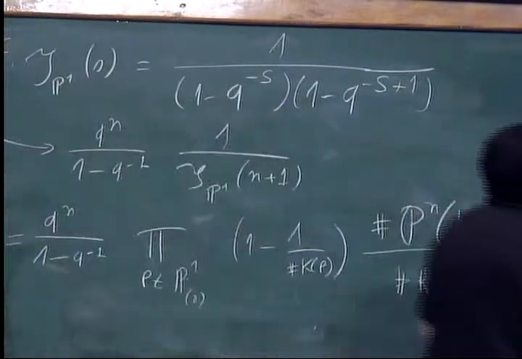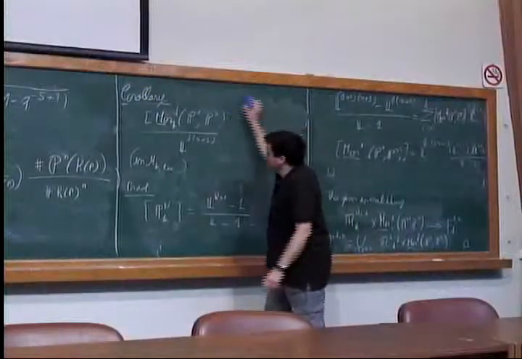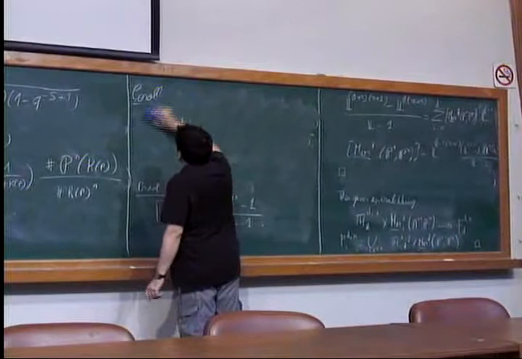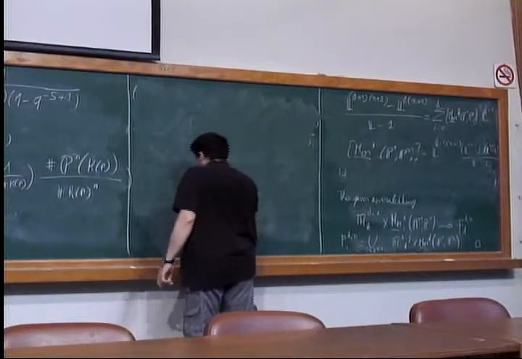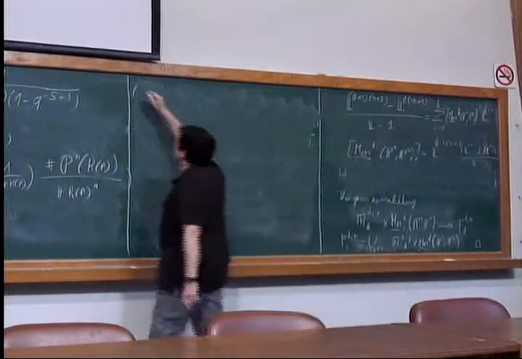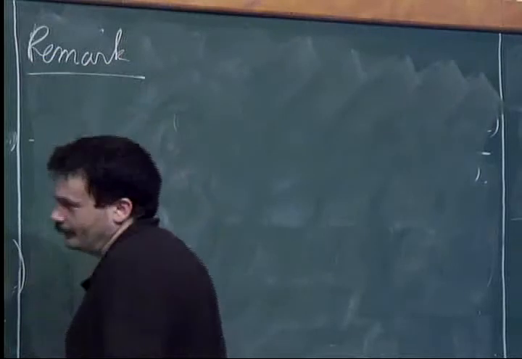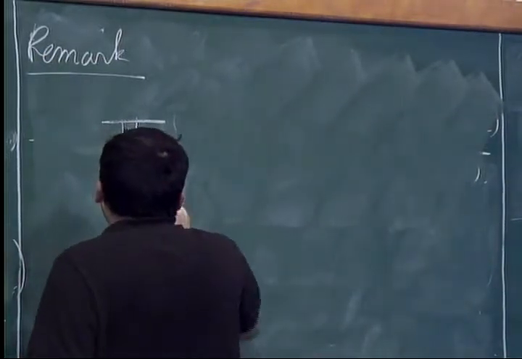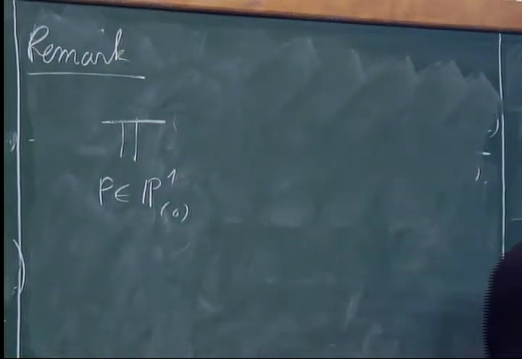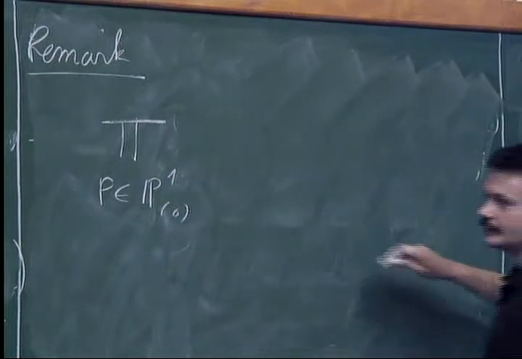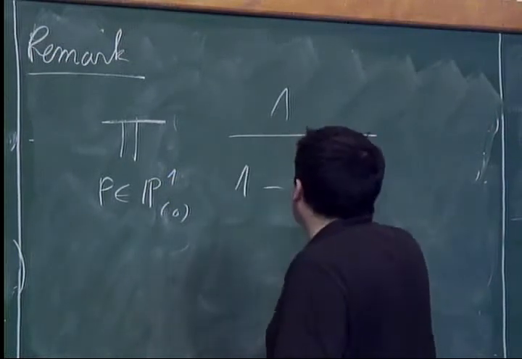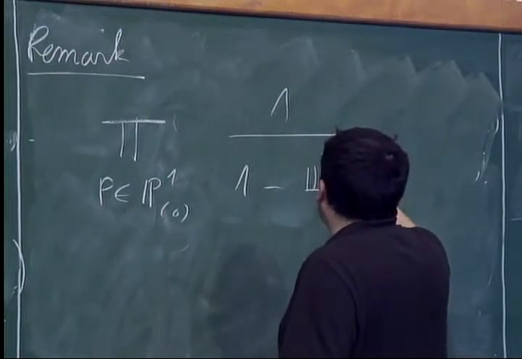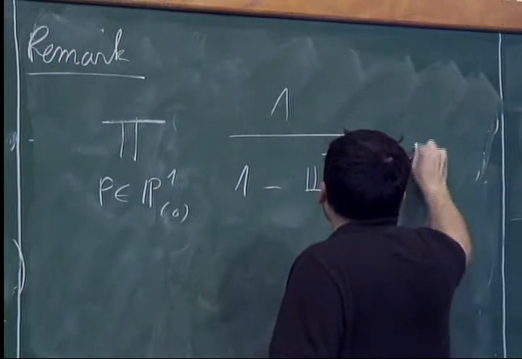Well, I want to do the same in the general geometric case. But I run into troubles if I want to take a similar definition in the general geometric case, because I will have to do the following thing. I would like to consider the product for all closed points in, let's say, the projective line of 1 over 1 minus L to the power s times the degree of the residue field over little k.